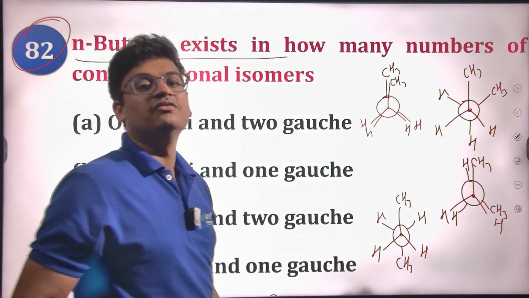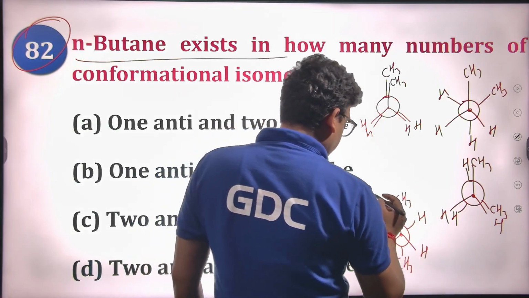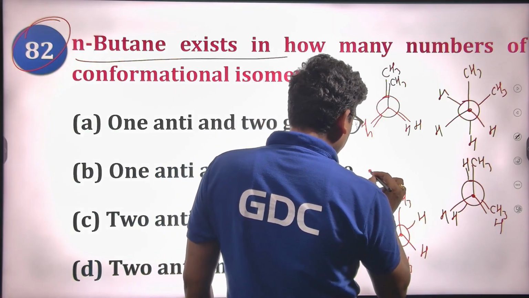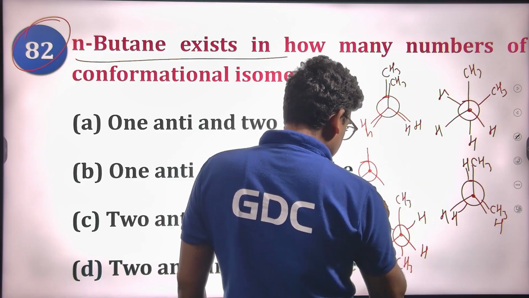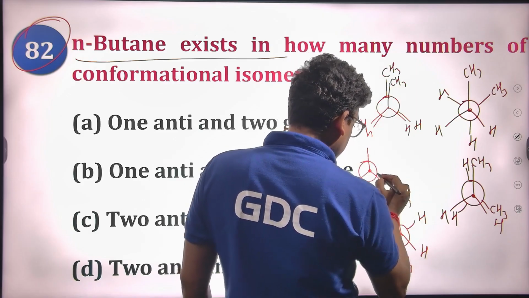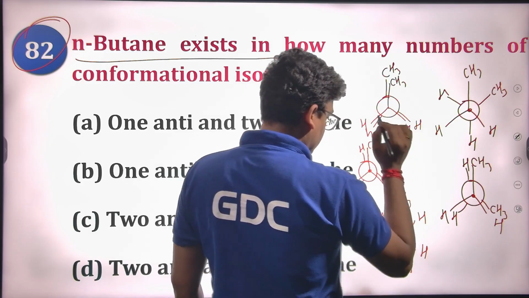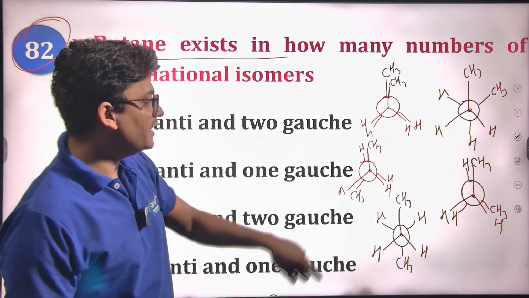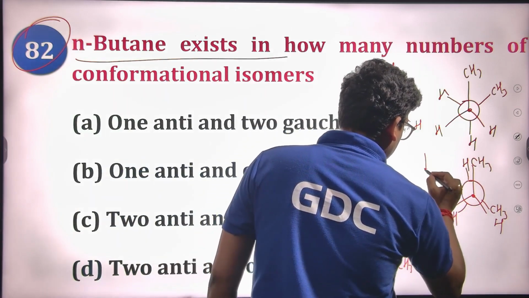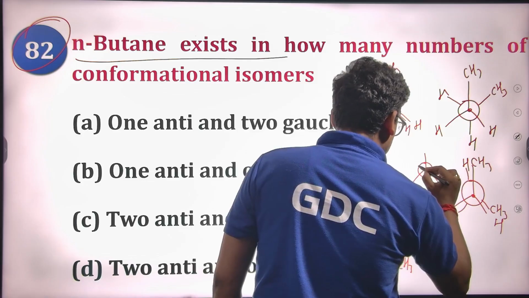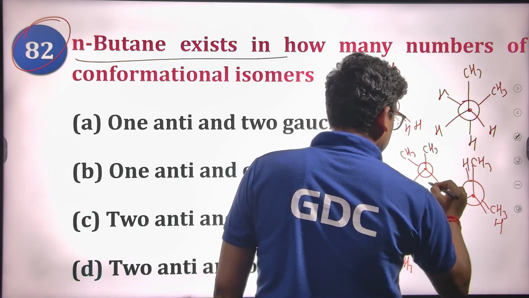Only one anti form is possible. After the next rotation we will be getting CH3, H, CH3, H, and after the next rotation we will get a structure like this, with CH3 here, H.